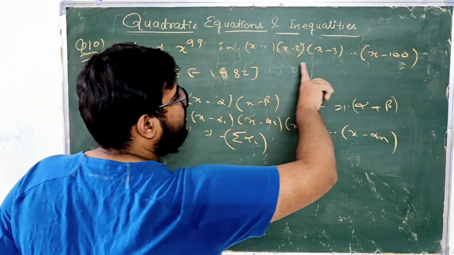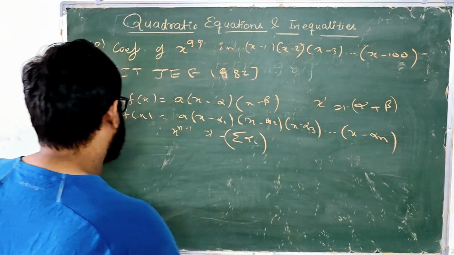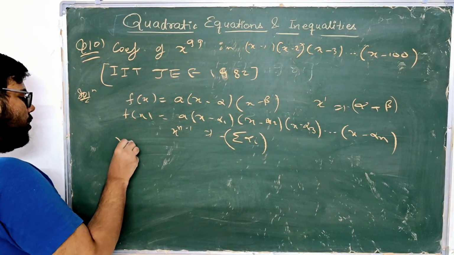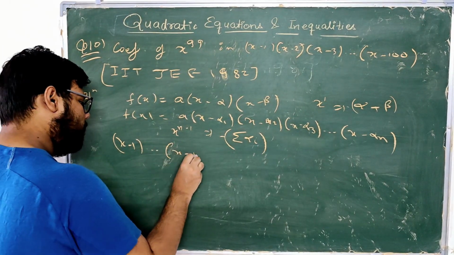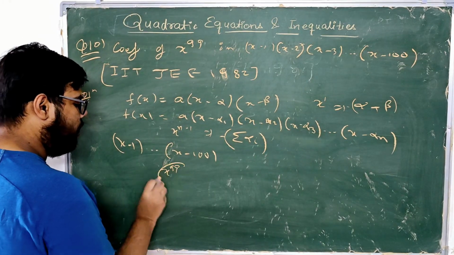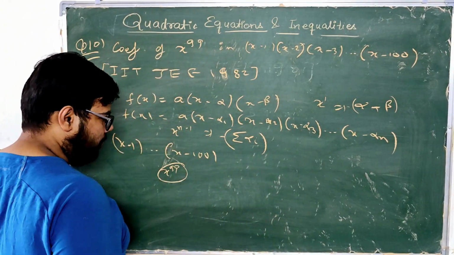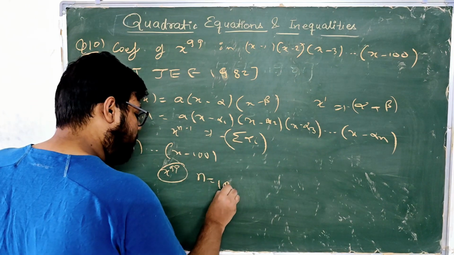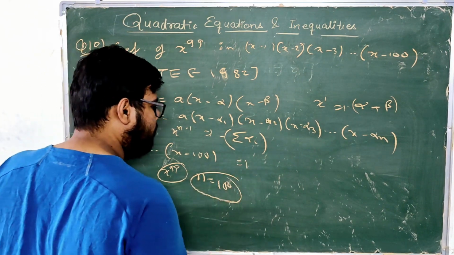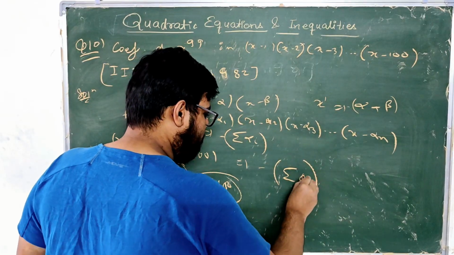Over here it is a polynomial of degree 100, and we have to find the coefficient of x raised to the power 99. So basically we have to just evaluate this thing. Here n is equal to 100. Okay, so it will be the negative of the sum of all the roots.